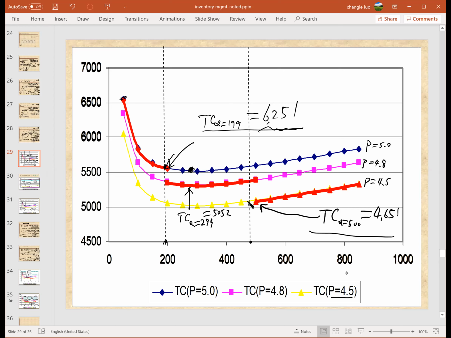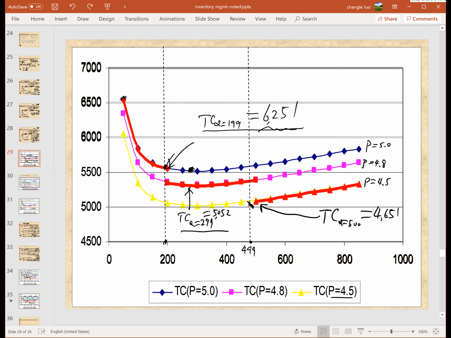For the quantity between 200 and 499, the minimal total cost we can achieve is $5,052. And when the quantity is bigger than 500, we can achieve the minimal total cost when Q equals to 500.